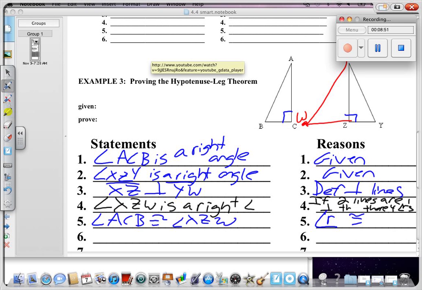Now I'm going to say that AC is congruent to XZ by given. I know we've done a lot of stuff without using that given, but now it's going to be important. So that's why we didn't use the given at the beginning.